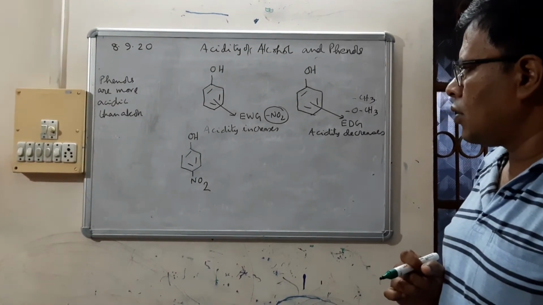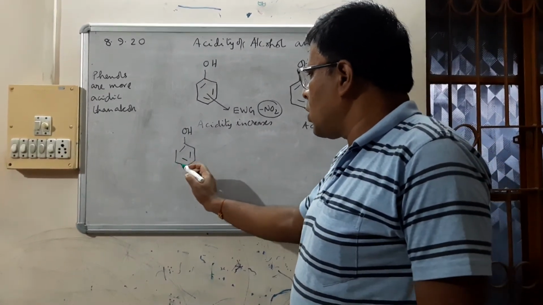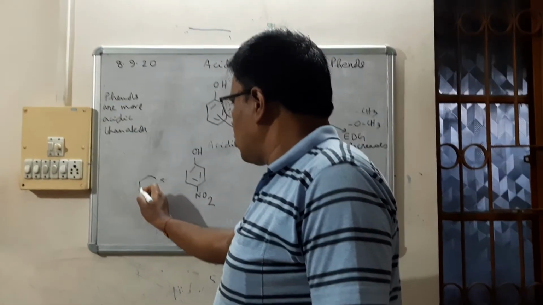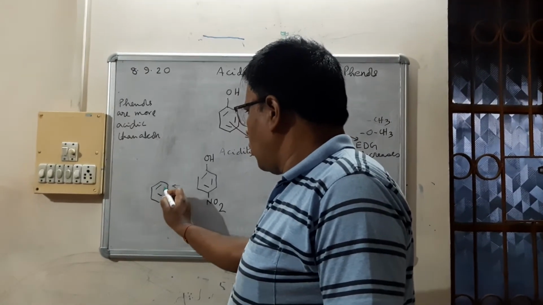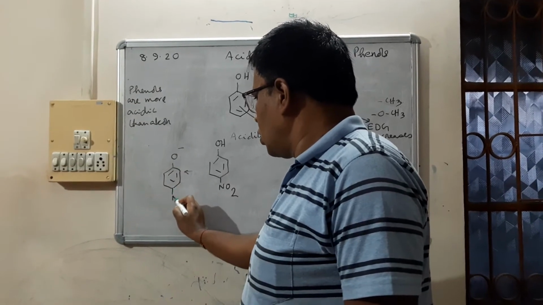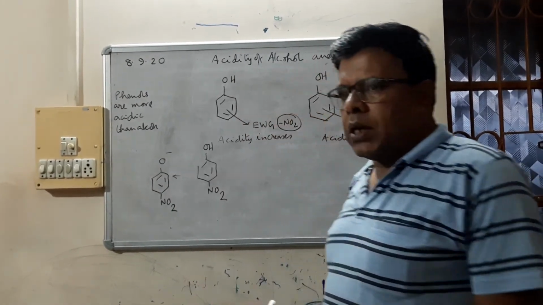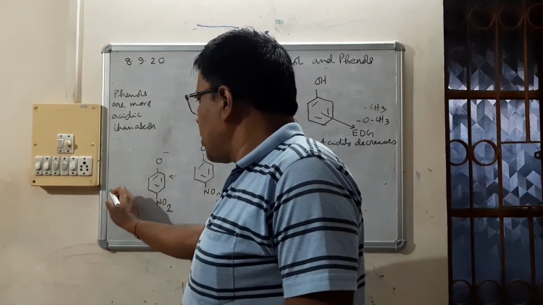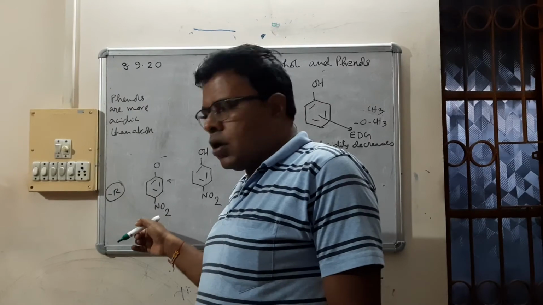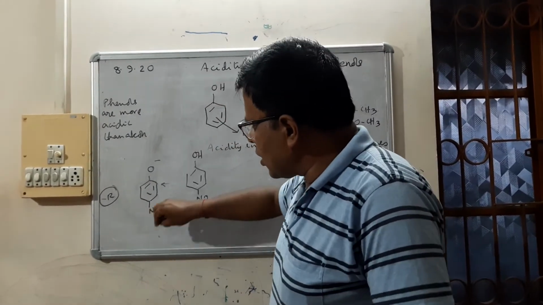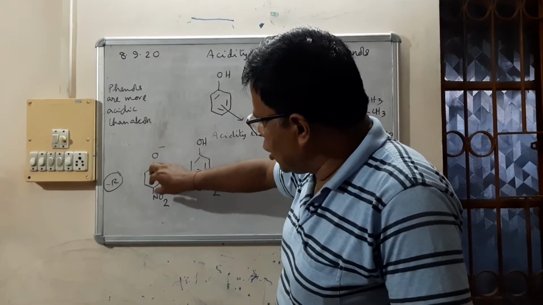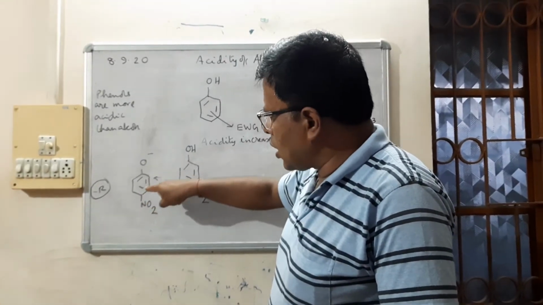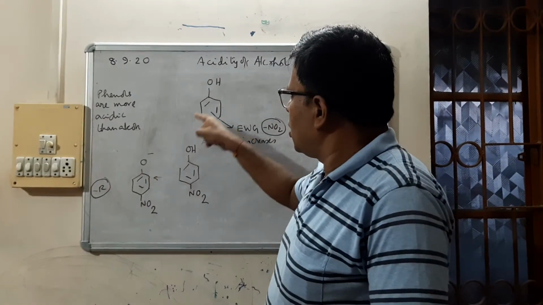So we are going to write its conjugate base. Its conjugate base is this one, and it can be shown that this NO2 has a minus R effect. Because of the minus R effect, this negative charge will nicely get delocalized, and that's why this anion will be much more stable than phenoxide.